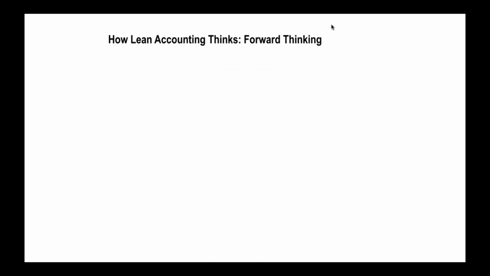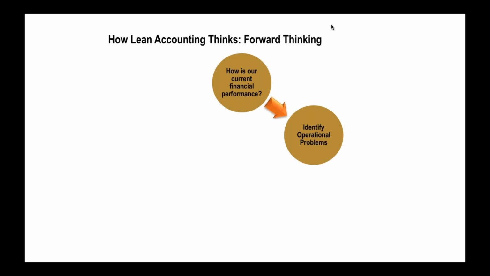So to begin thinking like a lean accountant, we have to begin thinking forward. We start again: what is our current financial performance? The change, instead of just looking at the financial statements, is to identify the operational problems that are preventing financial performance from improving. Now, this isn't something that just the accounting folks do.